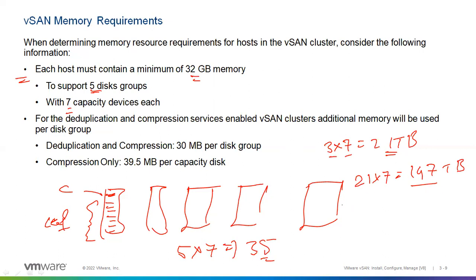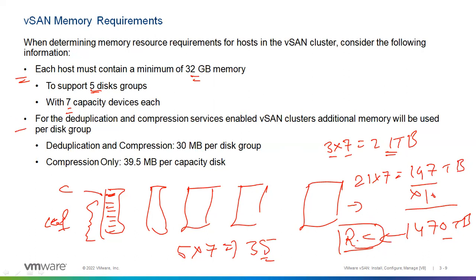Depending upon the number of nodes, let's say we have a simple 10 node cluster, then this capacity will go to 1470 terabytes. But again, it's raw capacity. When I refer to raw capacity, on top of it you are going to apply some storage policy, correct? My understanding is right? You good with that? Yep.